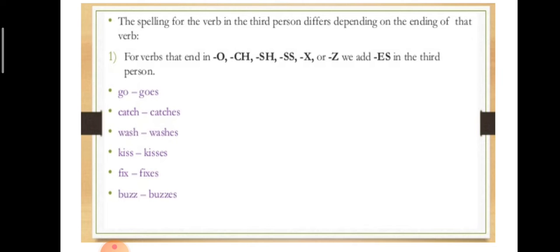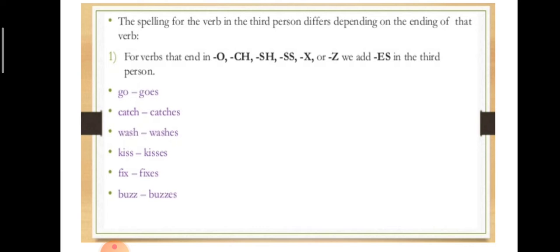The second rule is there are different sounds that come at the end of the root verb, like sh. These are the sounds that end the verbs. In third person, the verbs that end with o, ch, sh, ss, z, x take es.